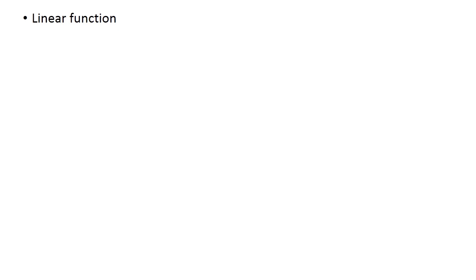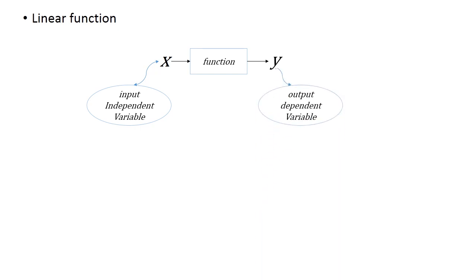To understand linear equations easily, we are going to talk about linear functions. For example, if we have an input variable x, where x is an independent variable, and we enter this variable into a function, we get an output y, where y is a dependent variable that depends on x. It can be denoted as f of x, as it depends on x.